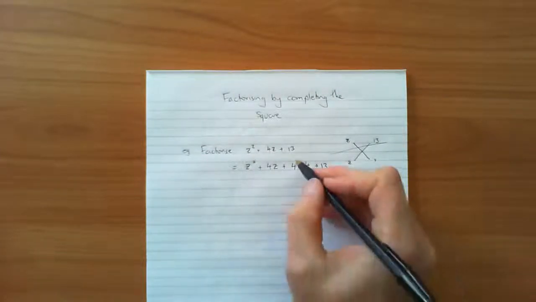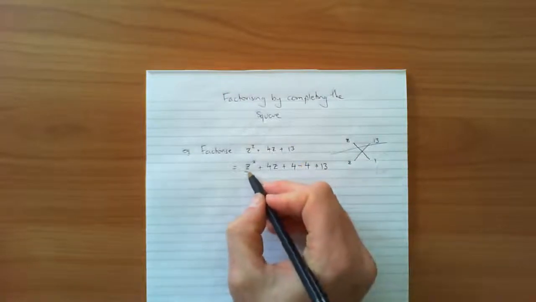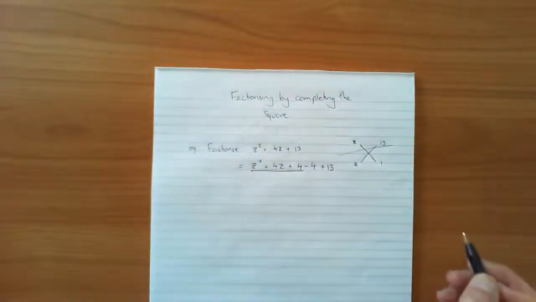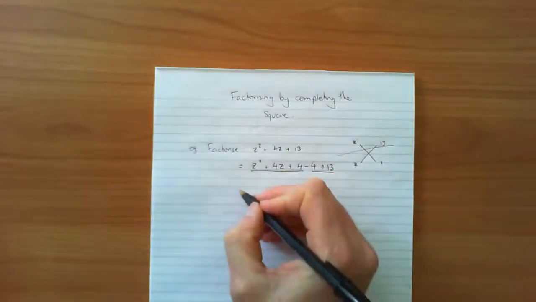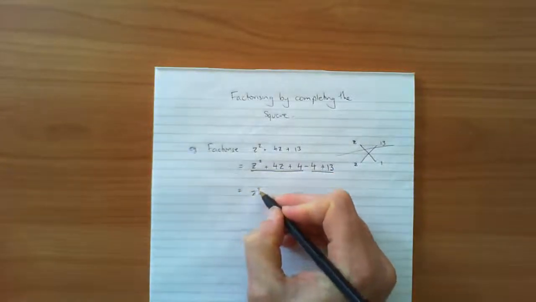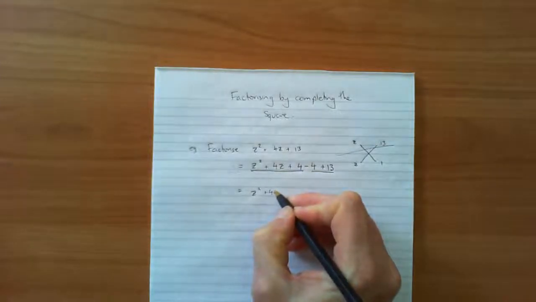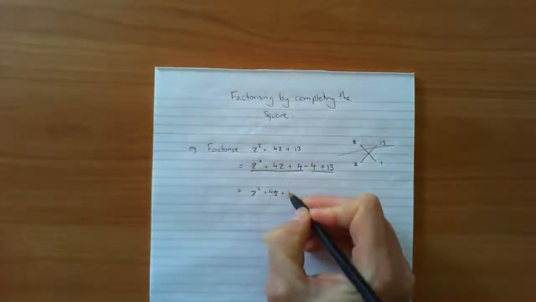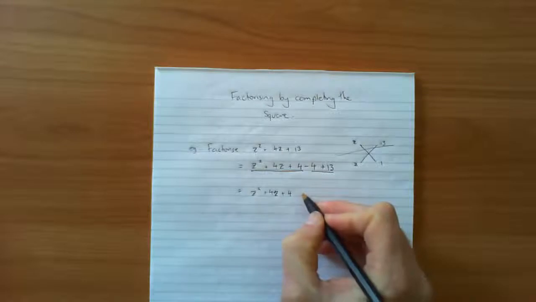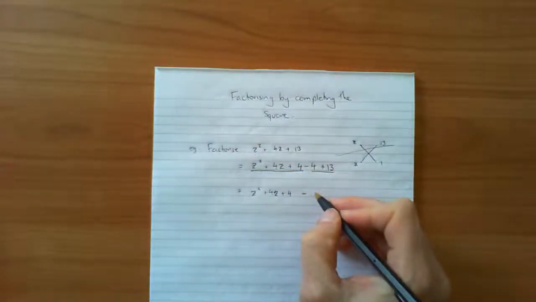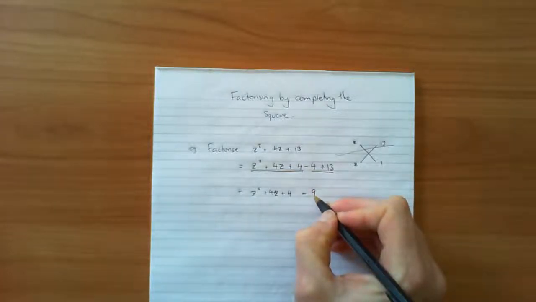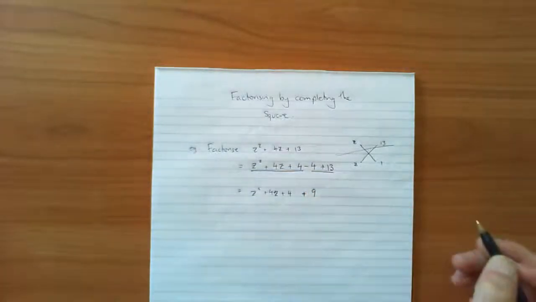But the trick here is that we now group those together and we group these ones together. So what we get here is z squared plus 4z plus 4, and then out here we're going to have negative 4 plus 13, which is positive 9.